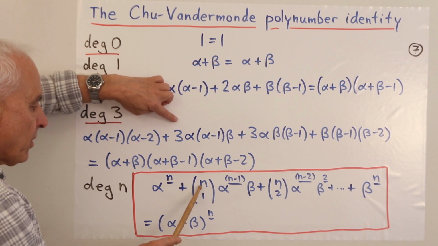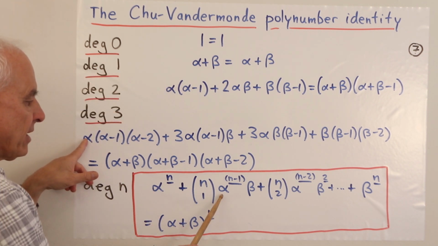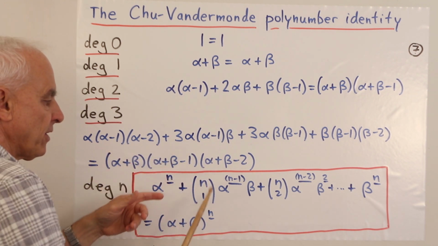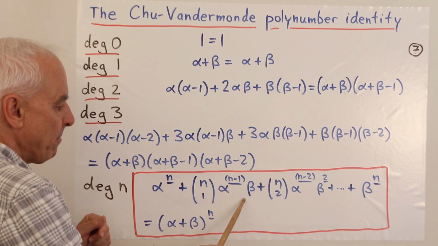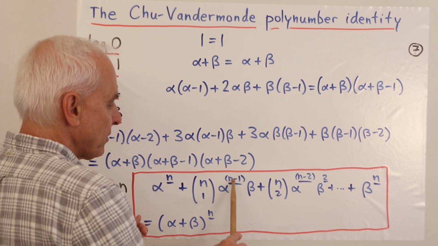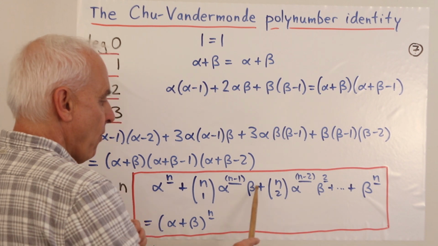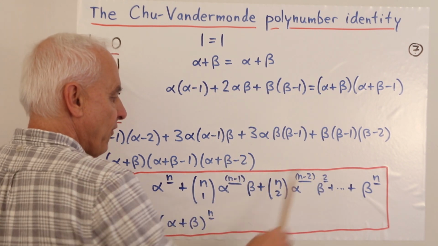And the terms here, well, the falling power of alpha gets lower. So instead of having alpha to the falling 3, now we have alpha to the falling 2. Okay? And then there's the beta that appears. And then the next term, the alpha to the n minus 1 falling decreases to alpha to the n minus 2 falling, while the beta falling power increases. So it becomes 2 falling.